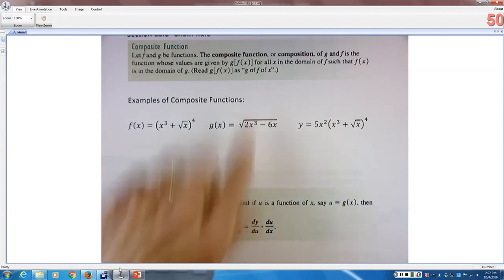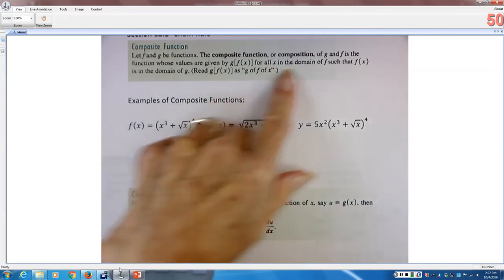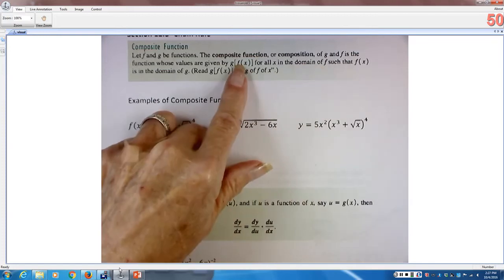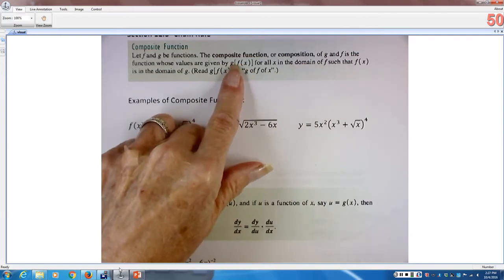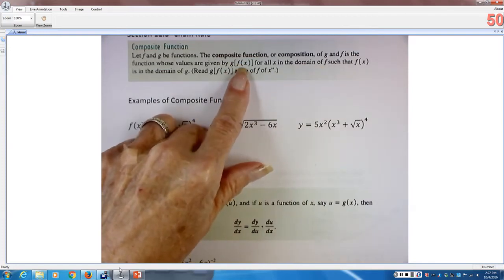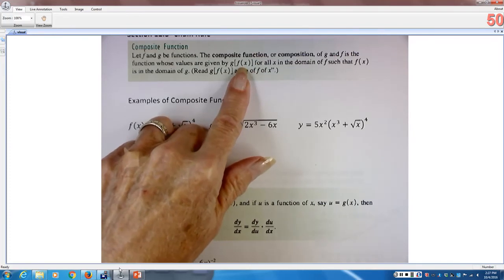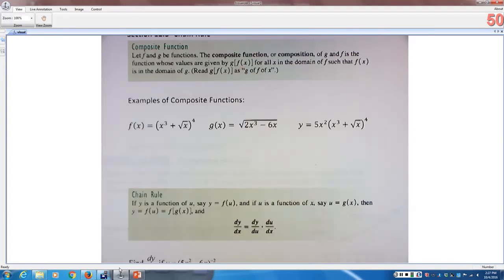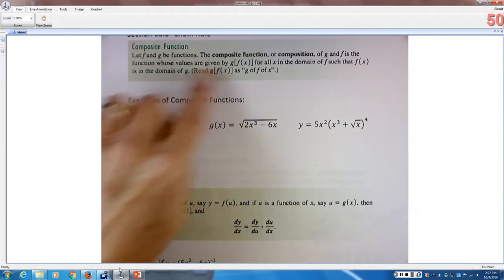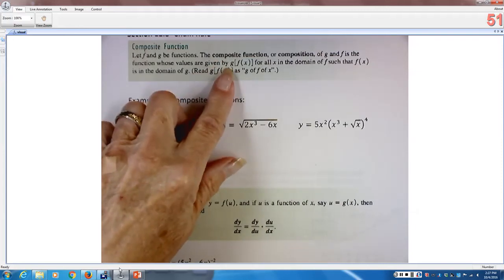The only thing you have to remember is that it has to be all of the domain of f if f is the inside function. We have to consider any place that f wouldn't exist. For example, if we were calling h 1 over x, h isn't defined at x equals 0, so we wouldn't be able to use 0 in the domain of g either.